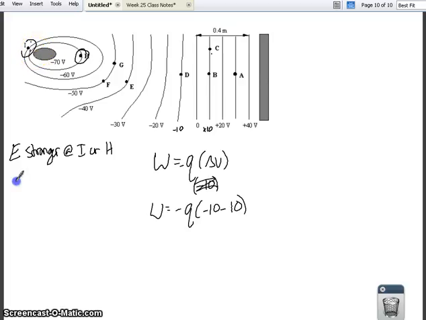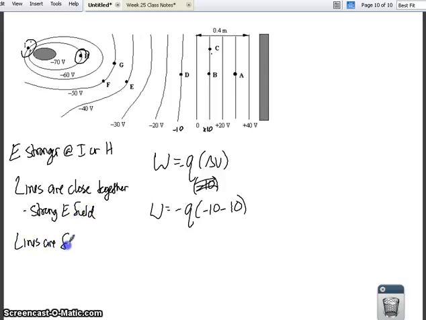So when the lines are close together, we have a strong electric field, and when the lines are further apart, we have a weaker electric field.